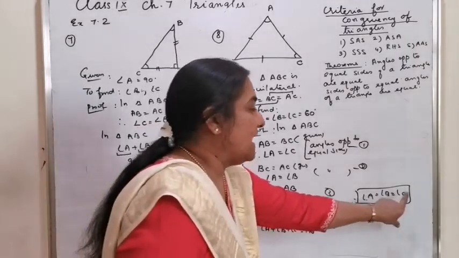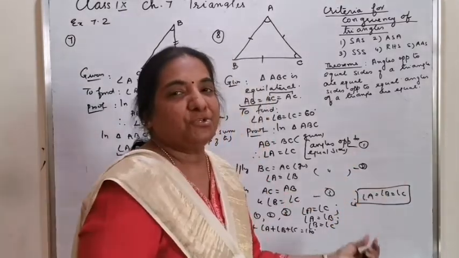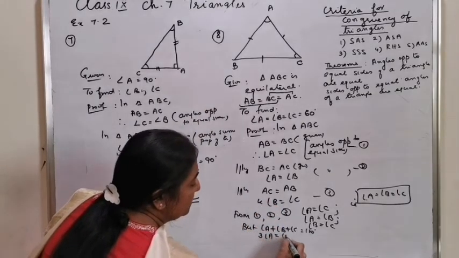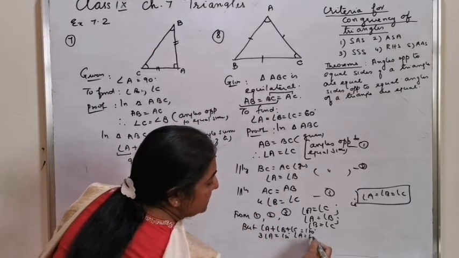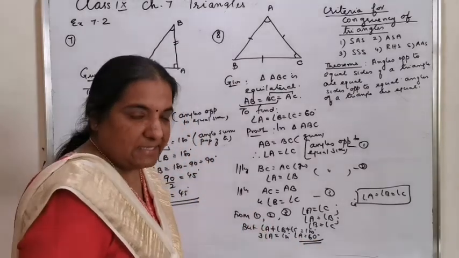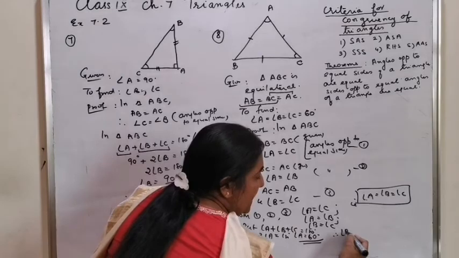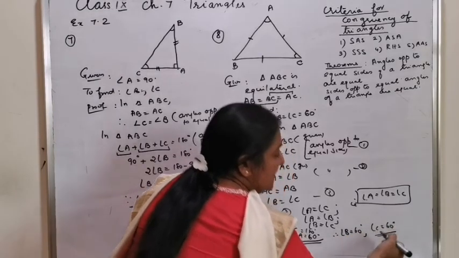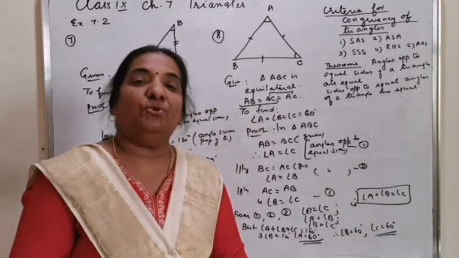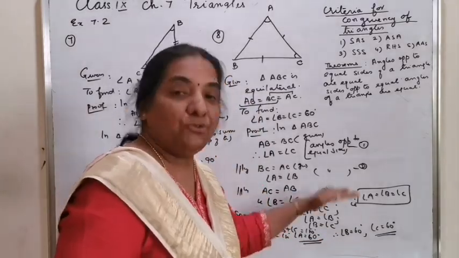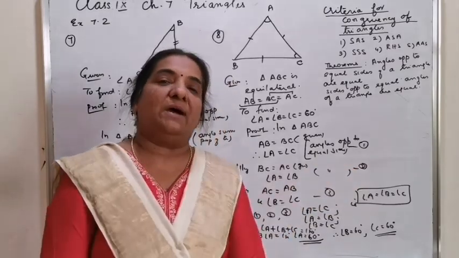Since all three angles are equal, you can choose any one angle as 3 times angle A is equal to 180, or angle A is equal to 180 divided by 3, 60 degree. Therefore, angle B also 60 degree, angle C also 60 degree. Even though we know the answers, try to present the answer using the theorems you have learned.